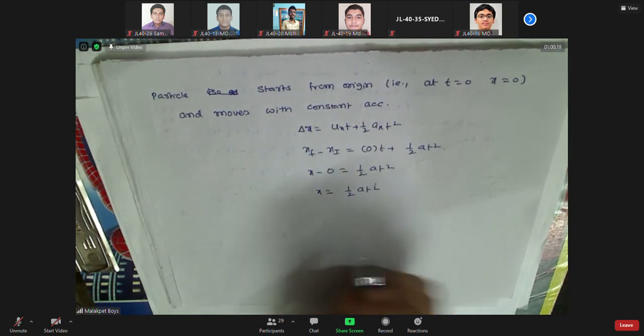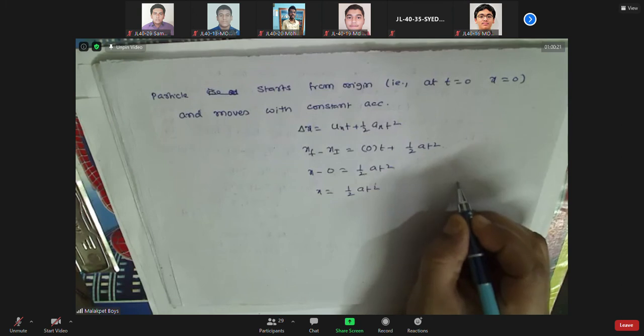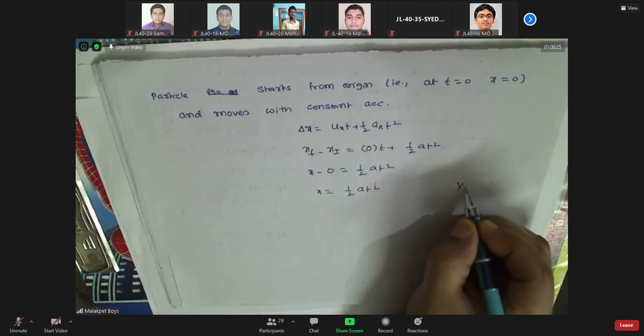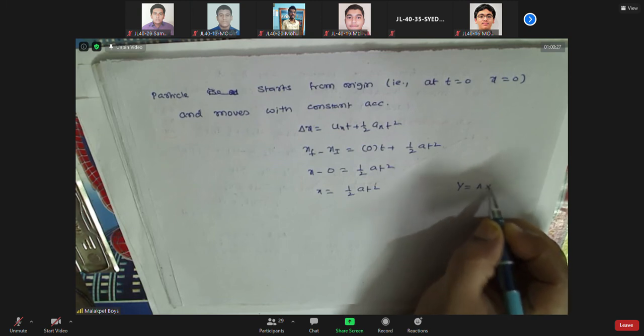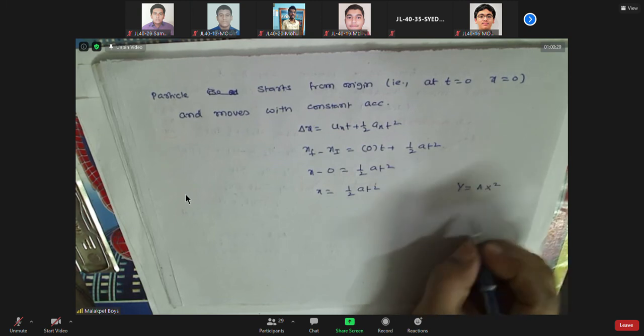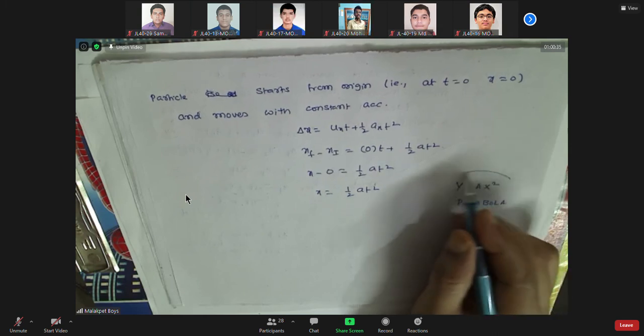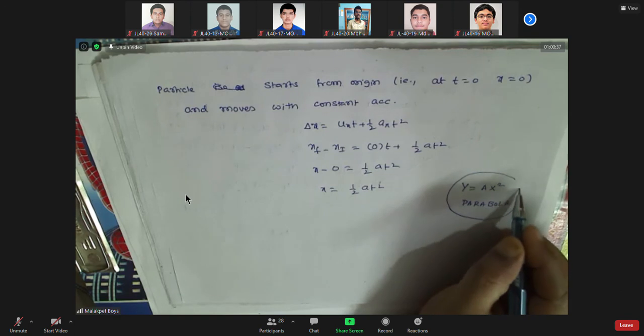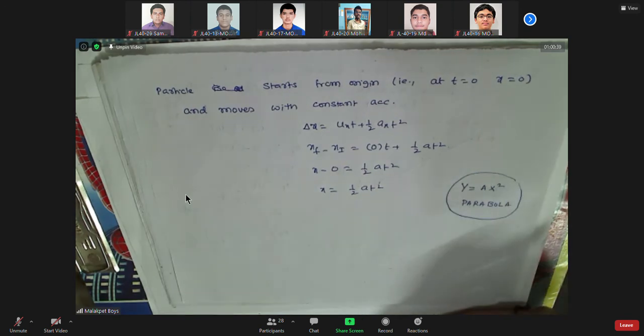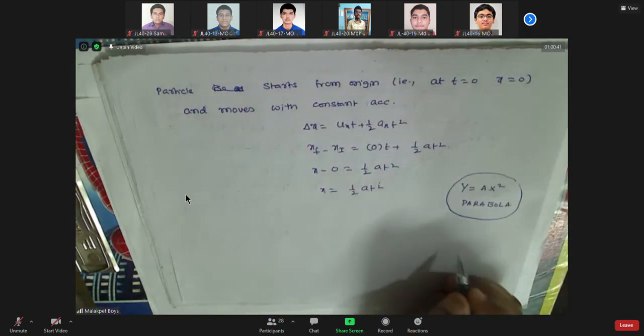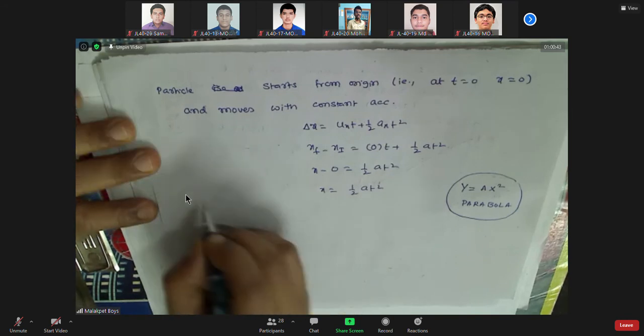Remember, anything y equals some a x square, second degree, is a parabola. So the parabola equation we can get like this.